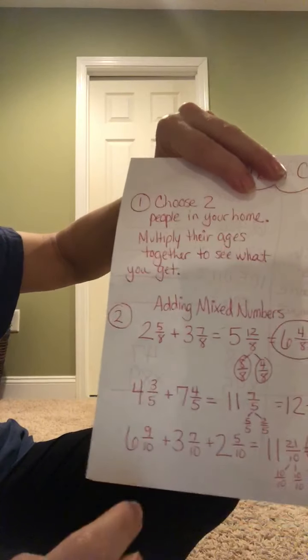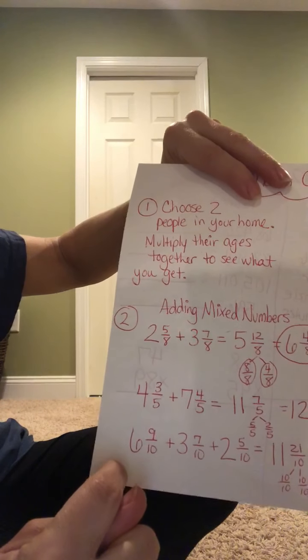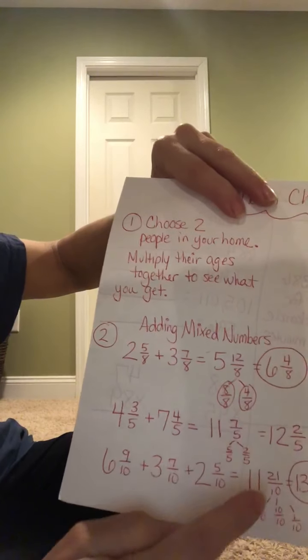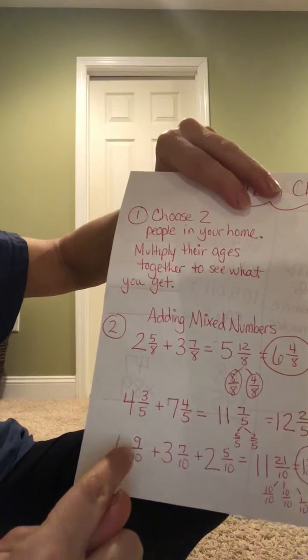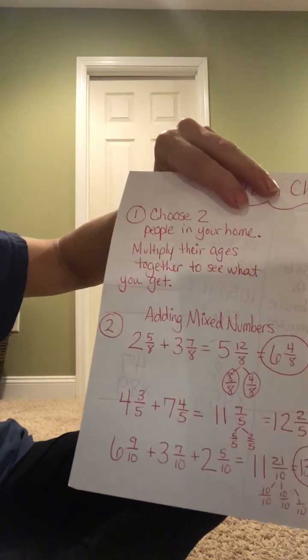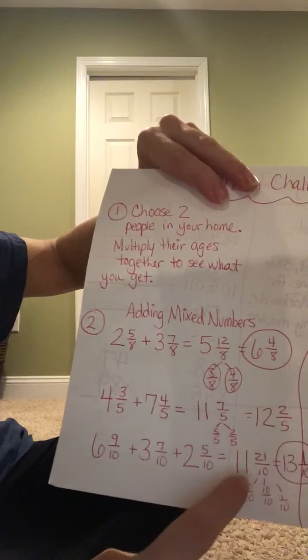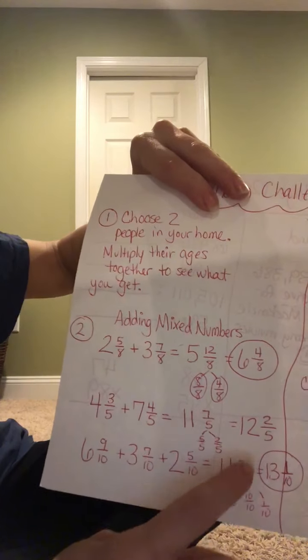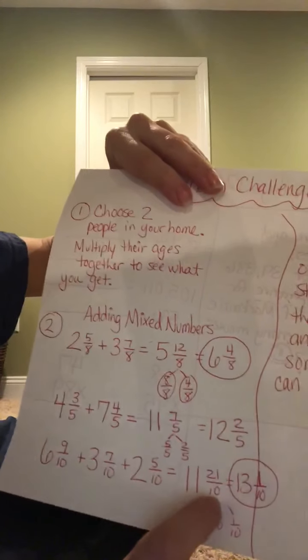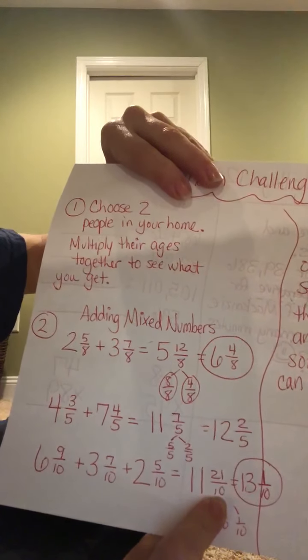This one down here, when I add up my whole numbers, I have 6, 7, 8, 9, 10, 11. I have 11. Then I add up my numerators. 9 plus 7 is 16, and 5 more gives me 21. So I have 11 and 21 tenths. So now I need to take out wholes. Well, what's a whole here? 10, because the denominator is 10.